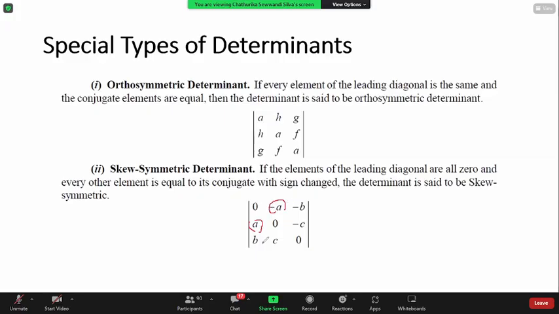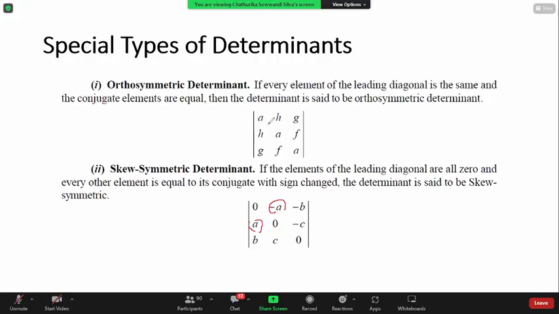It's B, minus B, C, minus C. So if all the leading diagonal elements are zero and also every other element is equal to its conjugate with sign change, that determinant is called a skew-symmetric determinant.